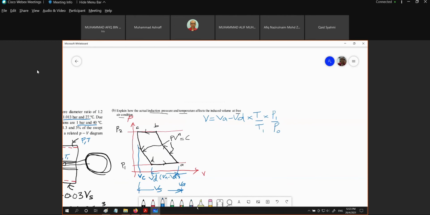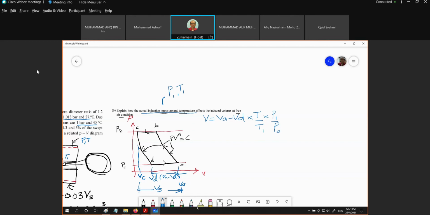This is the effect of the induction pressure and temperature. So this is induction temperature, induction pressure. You need to look at this equation and comment on the pressure and temperature. What happened when the actual induction pressure and temperature, which are P1 and T1, change?